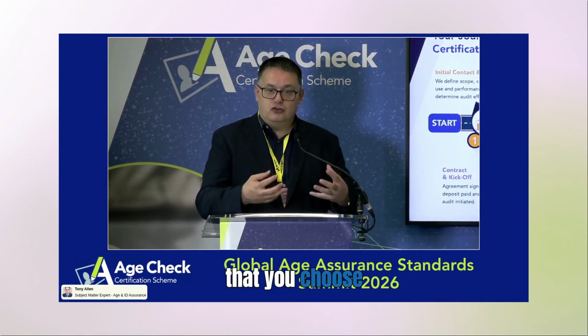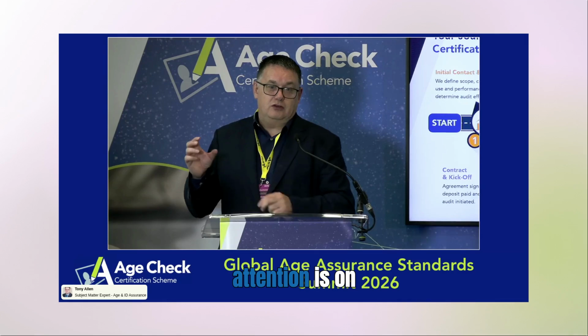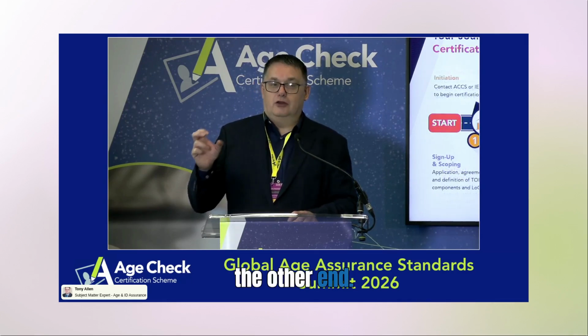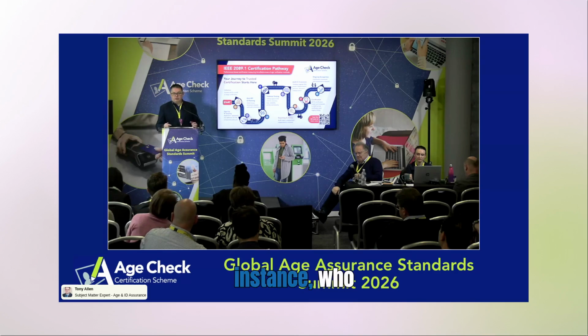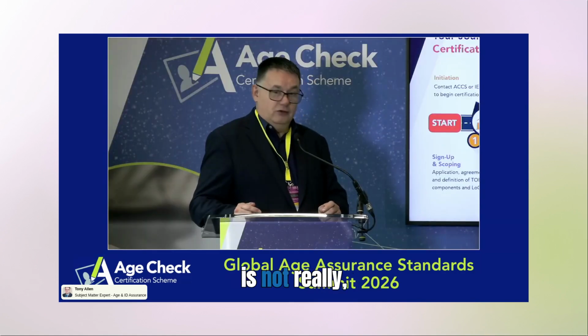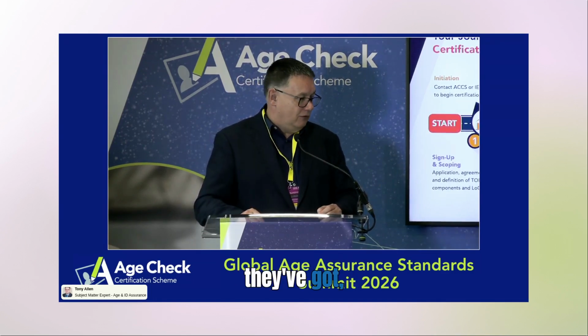It's something that you choose to do. Regulators, on the other hand, focus their attention on the other end: we're not compliant, we don't want to comply, we don't care about your laws. 4chan, for instance, who sent a hamster emoji back to Ofcom when they were found, are never going to come to us for certification if that's the sort of behaviour they've got. They're not really interested in whether they comply or not.